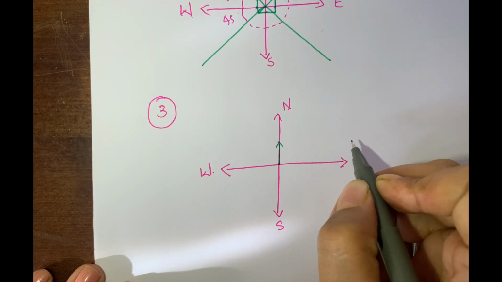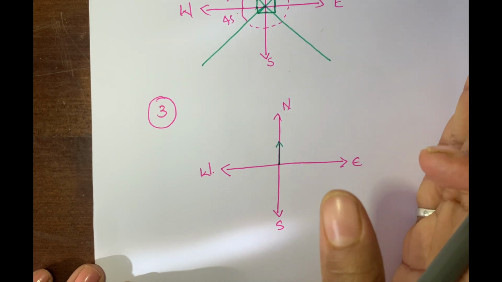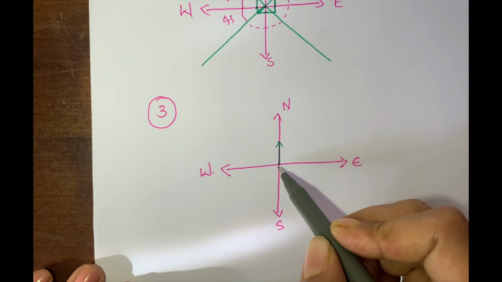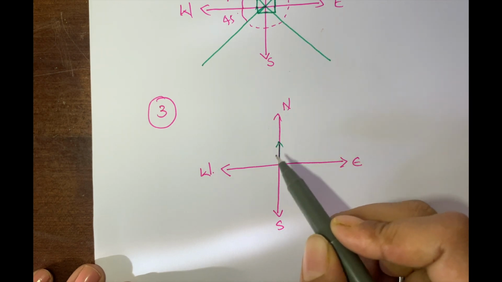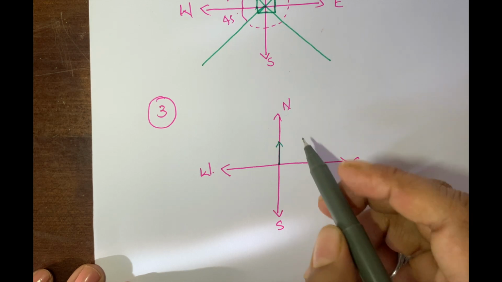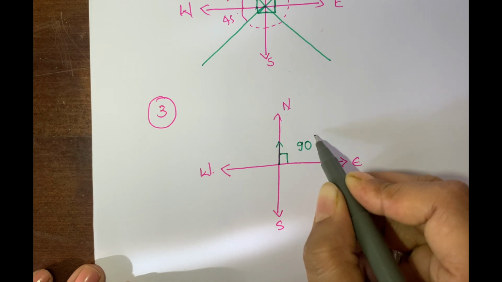I repeat again. In the previous example we had seen, the person is taking a right turn of 45 degrees, but here, if they don't mention any degree, if they mention only that a person walking towards north takes a right turn, then that turn should always be 90 degrees.